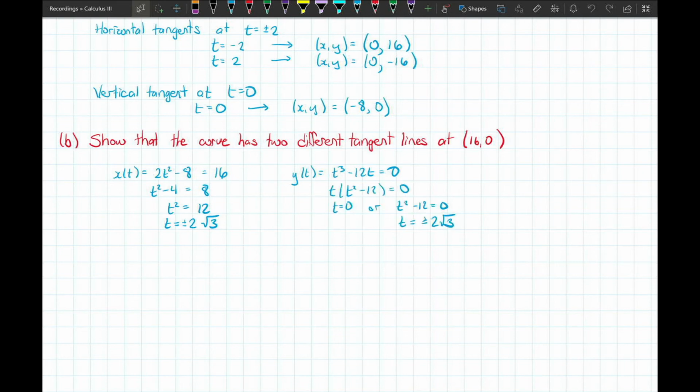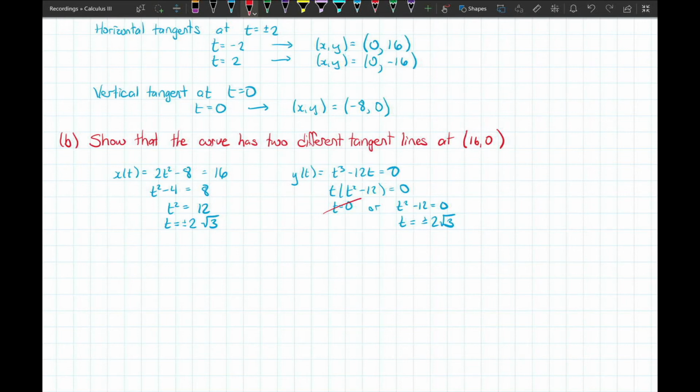Either t equals 0, or t squared minus 12 equals 0, which gives us those two values of t again, plus or minus 2 root 3. Now, you'll also see that y does equal 0 when t equals 0. But when t equals 0, x is not equal to 16. So we're going to take that point out of there. That's definitely not one of the two parameter values that give us that point.